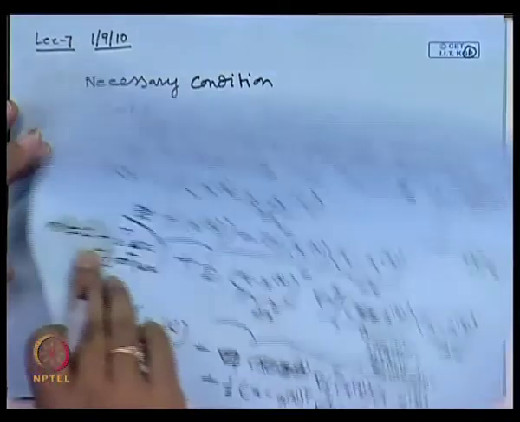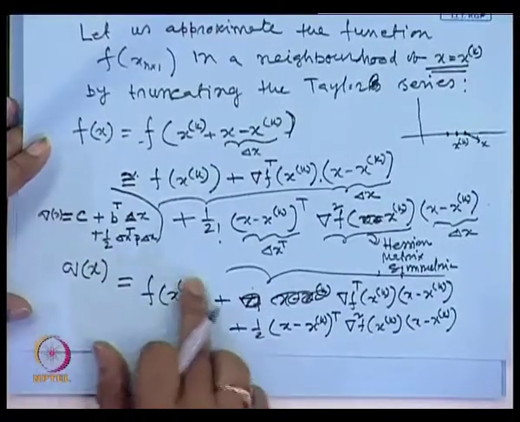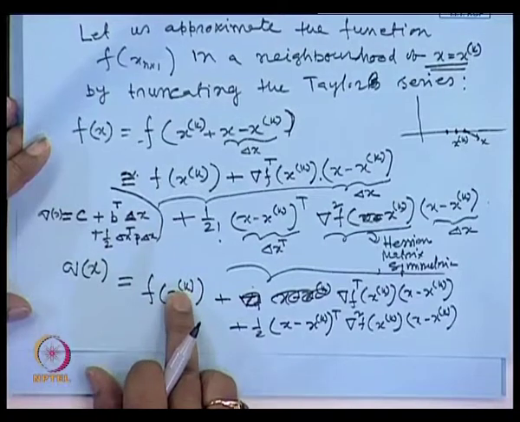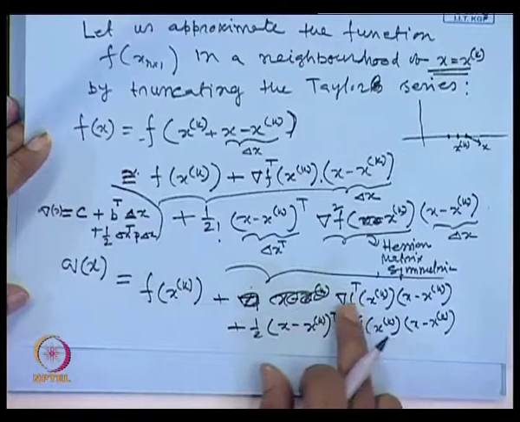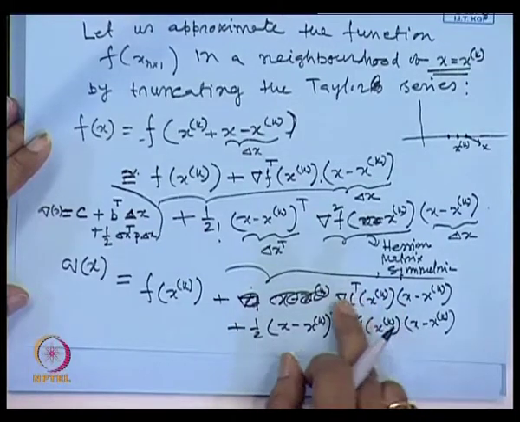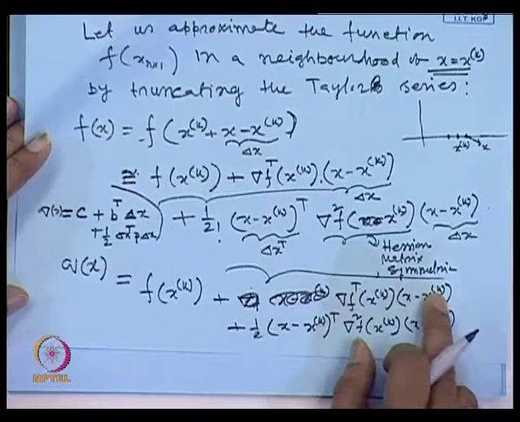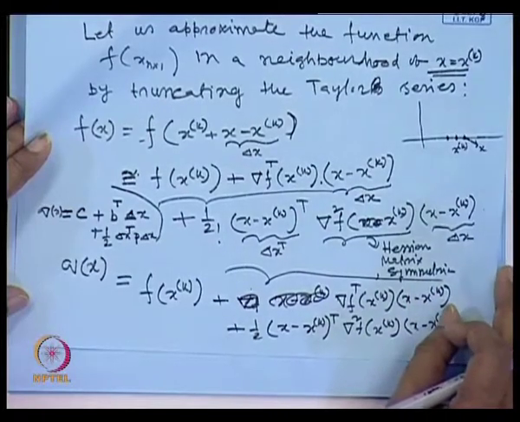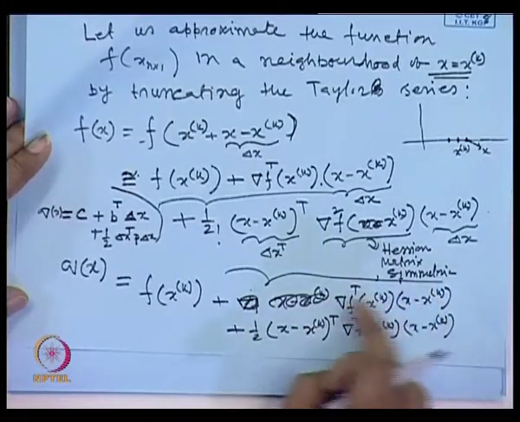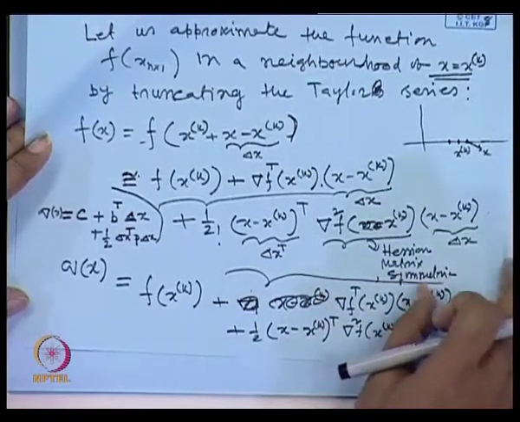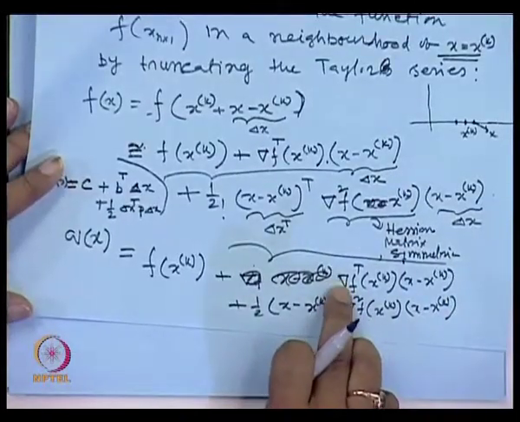So I am differentiating this function with respect to x. This term is a constant, so its derivative will be 0. Now we differentiate the rest with respect to x. The result we showed earlier is that if f of x is equal to b transpose x, then the derivative of f of x is nothing but b. Here b means the gradient of f transpose.